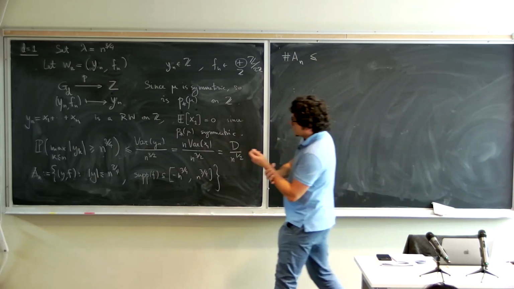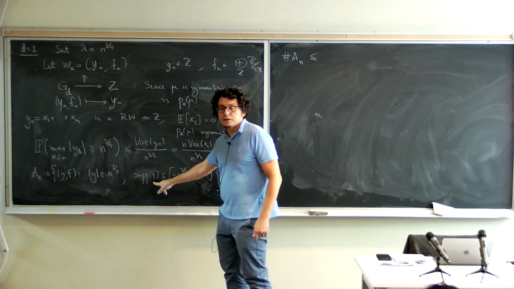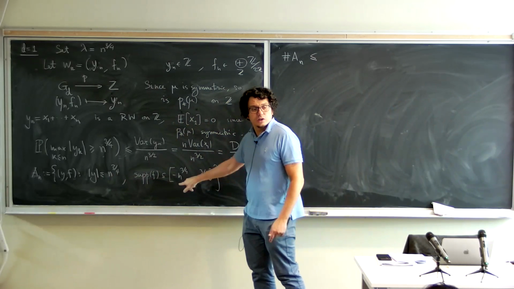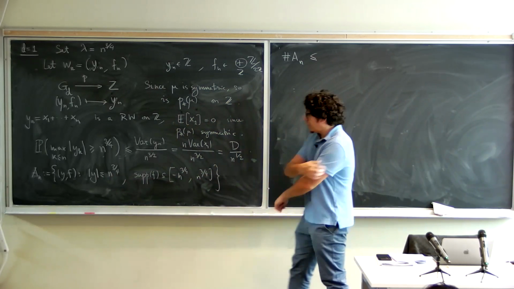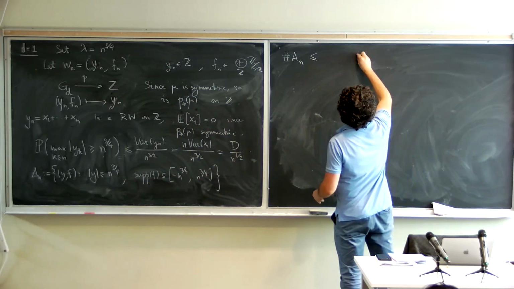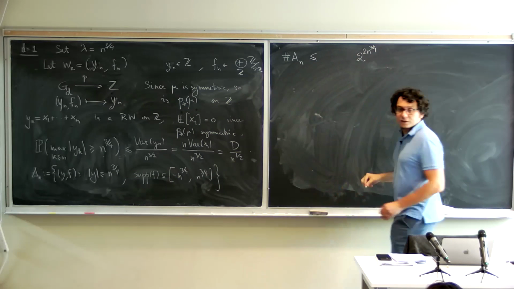Well, right. So we have that for f, we have two choices for each site. There's two n to the 3/4 sites. So it's 2 to the 2n to the 3/4, I think.